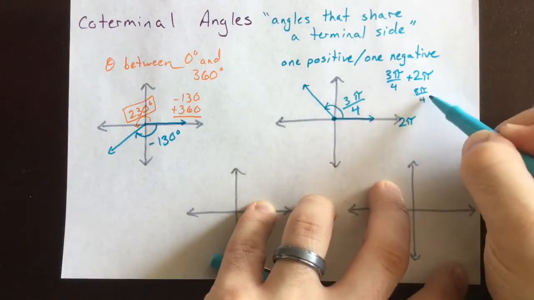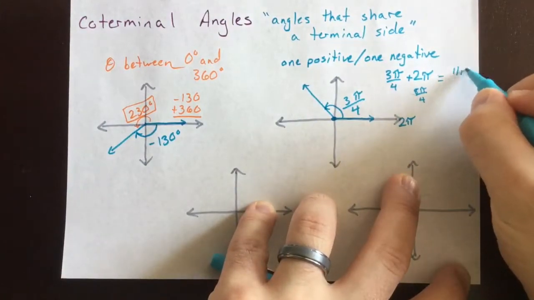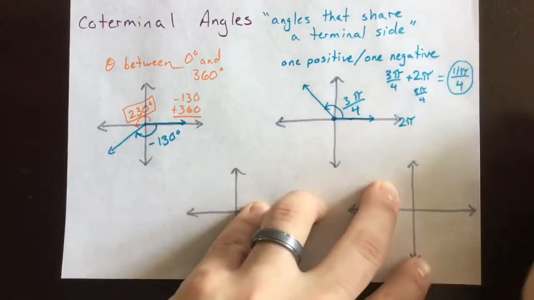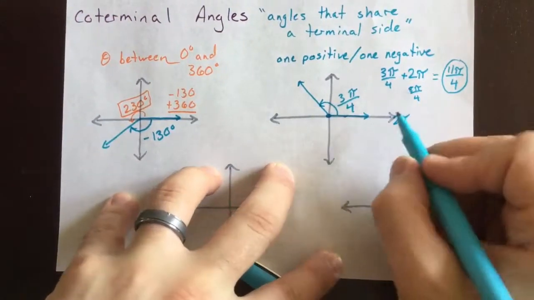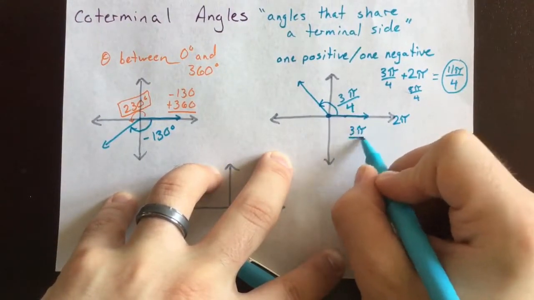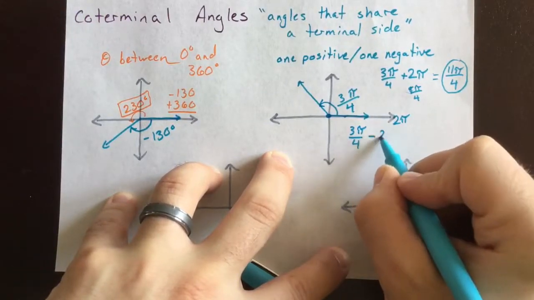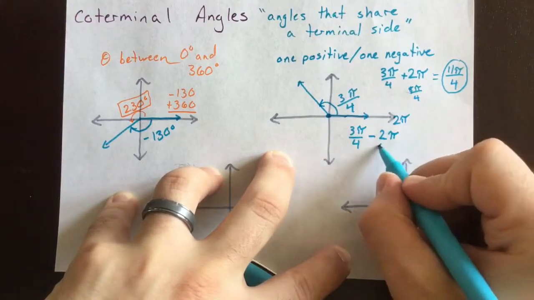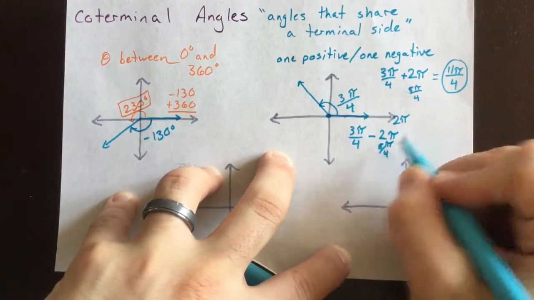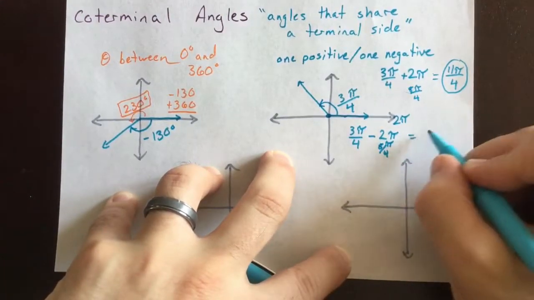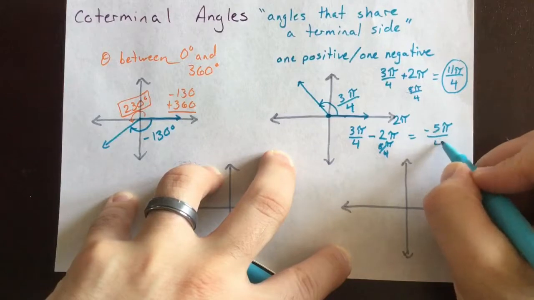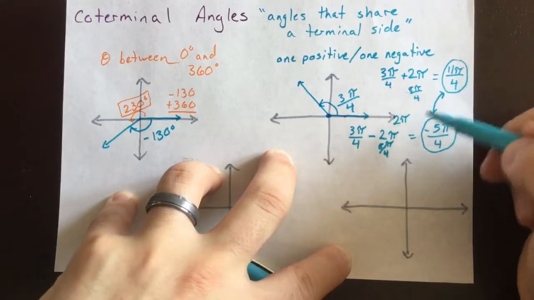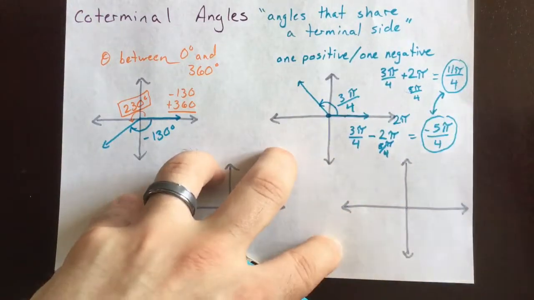So that would become 11 pi over 4. That is a positive measure that's coterminal to this one. And if I want a negative measure, I would simply take 3 pi over 4 and take away 1 full rotation. So we take away 2 pi. So again, 2 pi is 8 pi over 4. So 3 minus 8, that's negative 5 pi over 4. So 1 positive, 1 negative. And we got each of these by adding 2 pi and subtracting 2 pi, because 2 pi in radians is 1 full rotation.